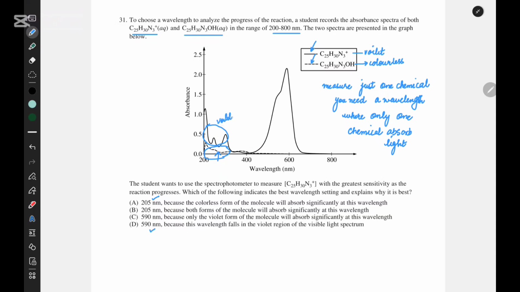So we can't distinguish in this area, so 205 will not be the answer. We can only identify in this region. Why in this region? Because in this region you can see that only the violet color form of the molecule will absorb significantly at this wavelength, because only violet color is absorbing in this region. So that's why our answer is going to be C.